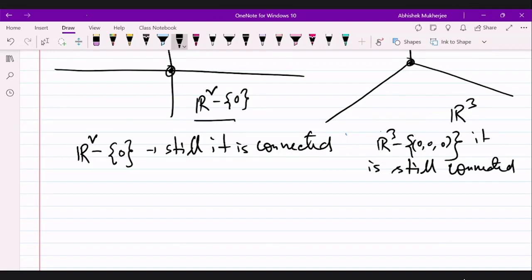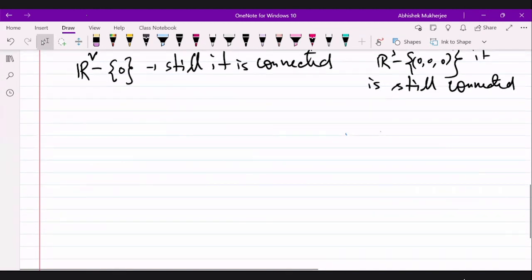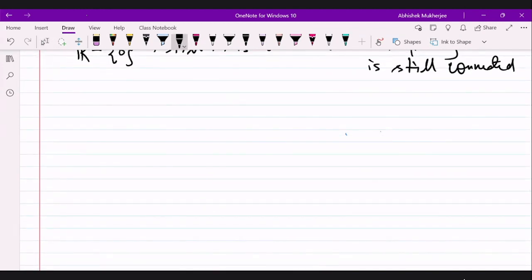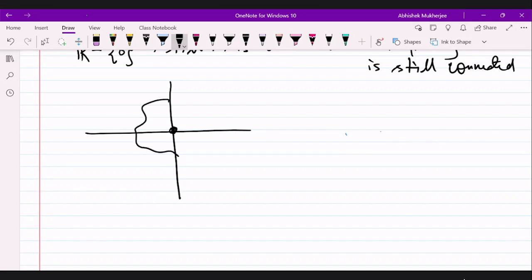But there is a nice notion that can be taken up here. Suppose you delete this 0 and you are looking at some closed path around this 0, and you are doing the same in this space also.